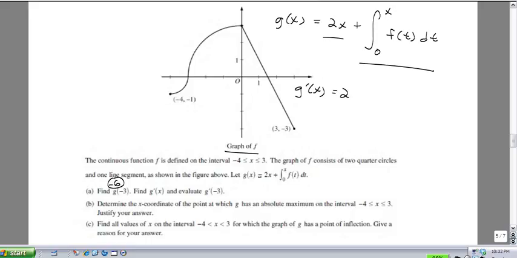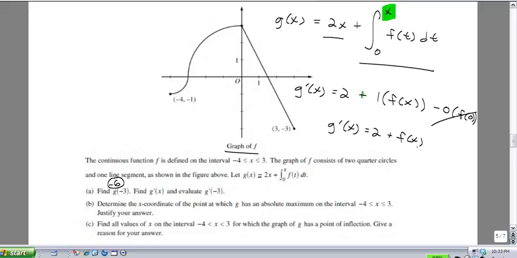Well, you're going to take the derivative of the upper bound. Derivative of x is 1, times the upper bound plugged in. Well, that's just f of x, minus the derivative of the lower bound, 0, times the lower bound plugged in, f of 0. So that guy goes away. G prime of x is 2 plus f of x.